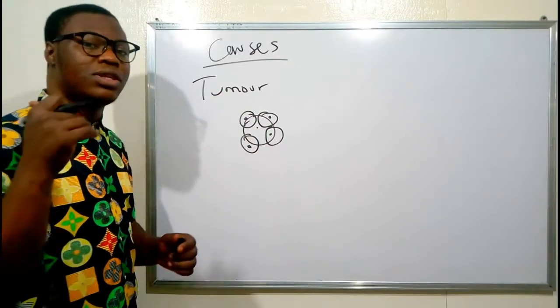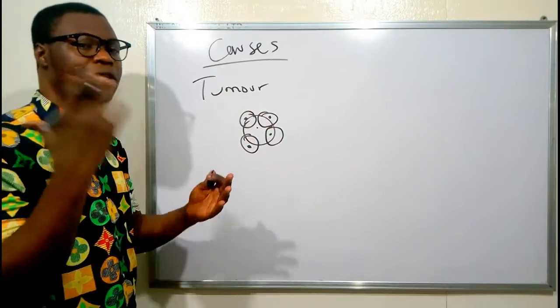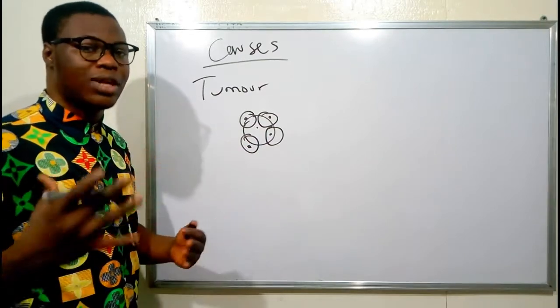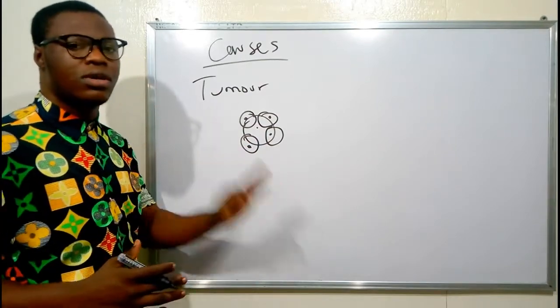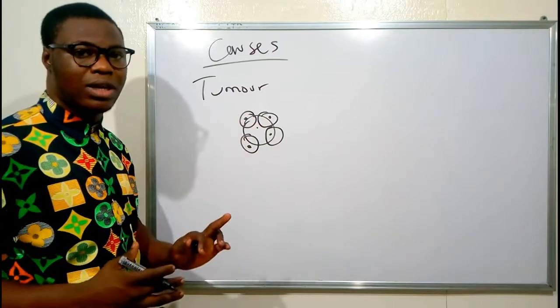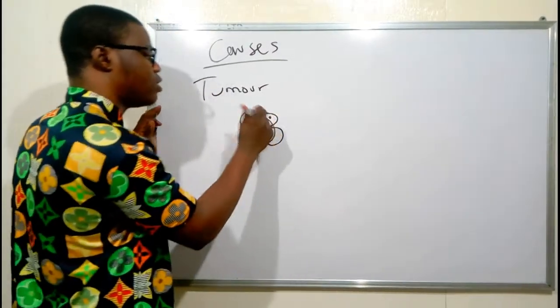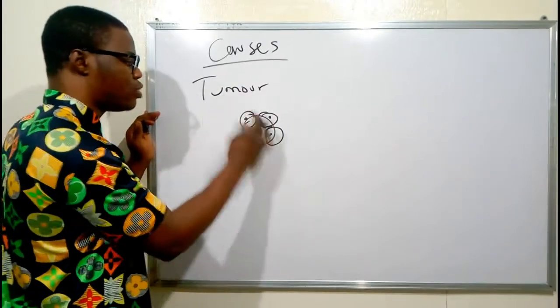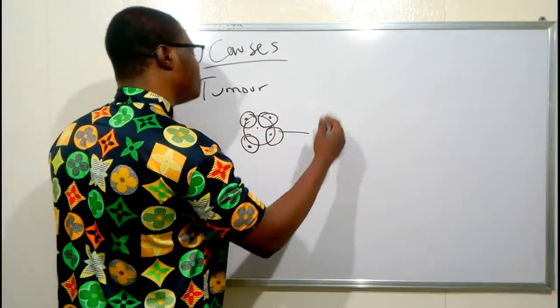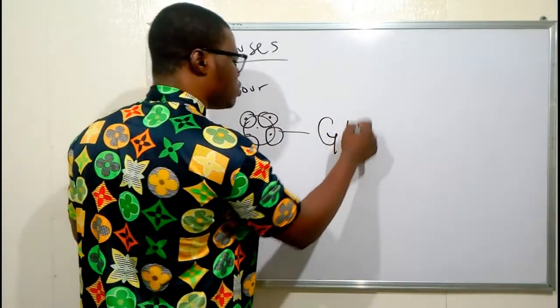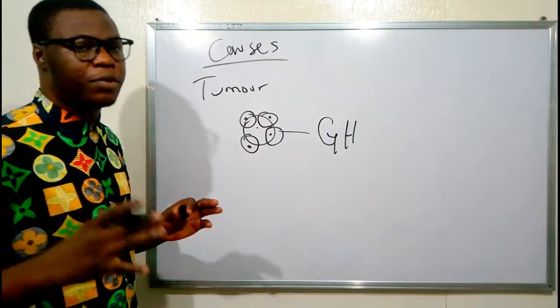From the video we made on the pituitary gland, we said we have different cells that secrete different hormones in the pituitary gland. Now let's say the cell affected by the tumor is the growth hormone cell, one of the secretions of the pituitary gland.